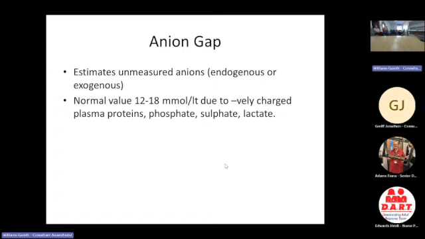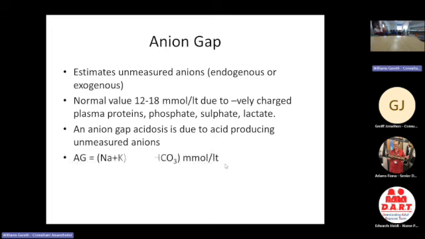So we don't measure these, and when we do our anion gap calculation, which is that sodium potassium minus chloride plus bicarbonate, we see this gap. And 12 to 18 is normal. If it's more than 18, then there's either production of endogenous acid, like lactate, like ketones are the two obvious examples, or there's exogenous acid being taken in.